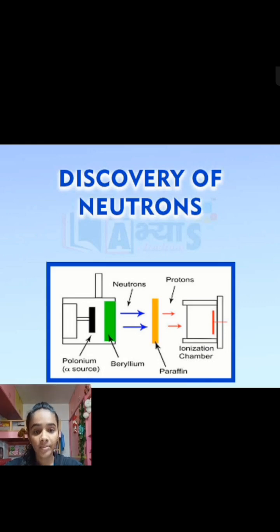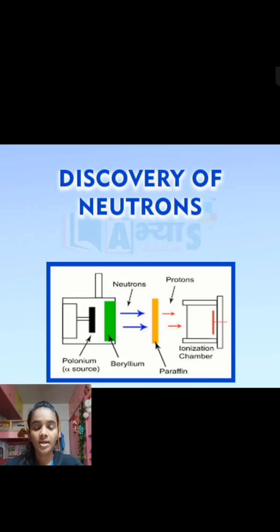Therefore, the atomic mass should be equal to the mass of the protons. However, in the case of helium, there are 2 protons in its nucleus, and hence the atomic mass should be equal to twice the mass of the protons.